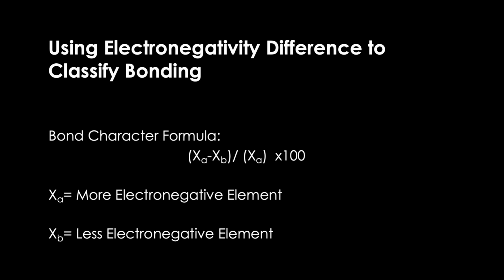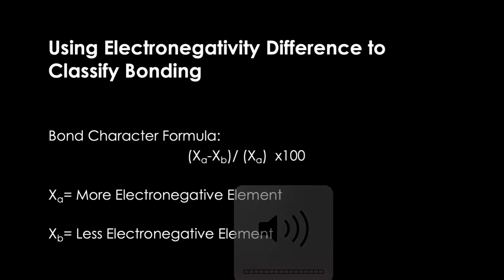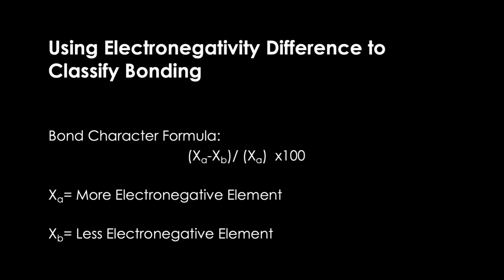And when it says the more electronegative element or the less electronegative element, you're comparing two elements. So you're not going to have 7 or 8 elements to deal with. You're just going to be classifying between two elements, what bond is there or is formed.